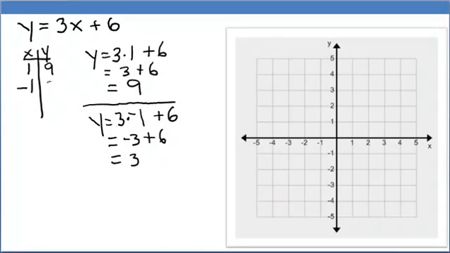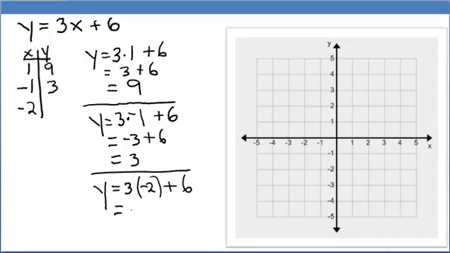So negative 1, 3 makes it true, and that's going to be a little easier to plot. And let's try another negative value. Let's say we have a negative 2. So y equals 3 times a negative 2 plus 6 will give us a negative 6 plus 6 will give us 0.